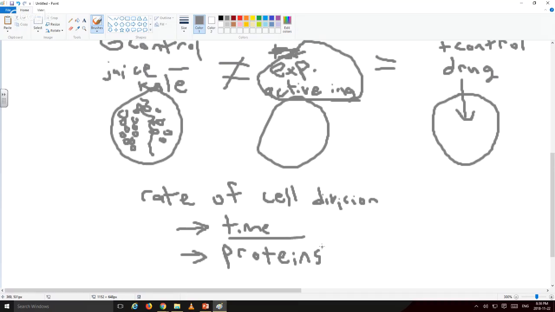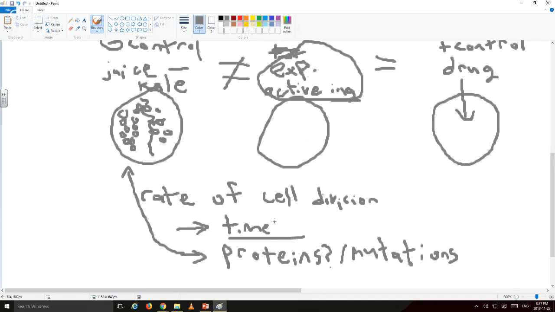That's very good. So I'm writing here protein/mutations, so you could also take these cells from each group and analyze them and see if there are any mutations that this jelly juice is doing, which would be something really bad if that happened to a human. So that's really good. So time, proteins.